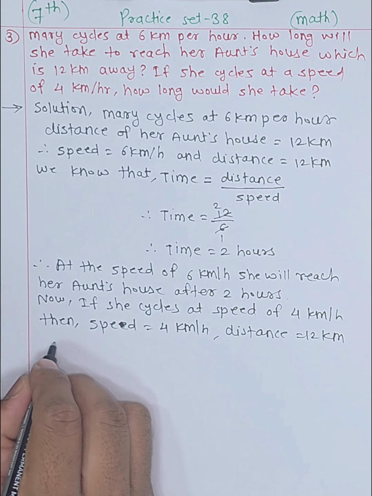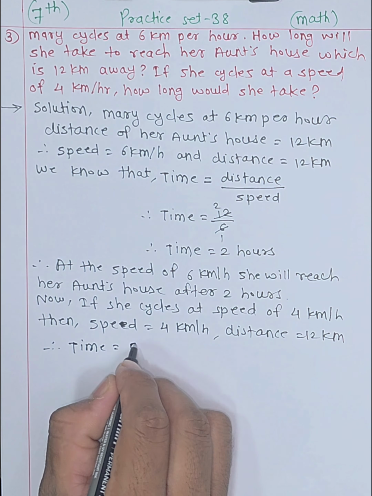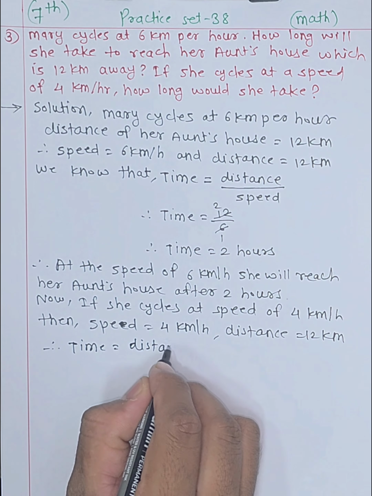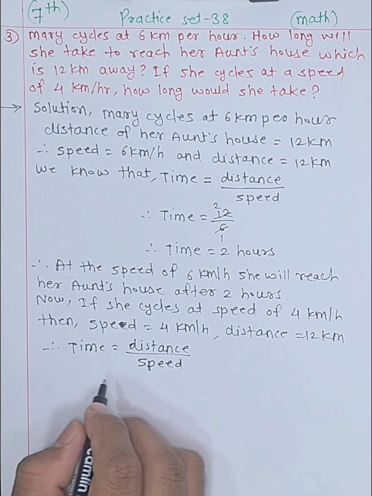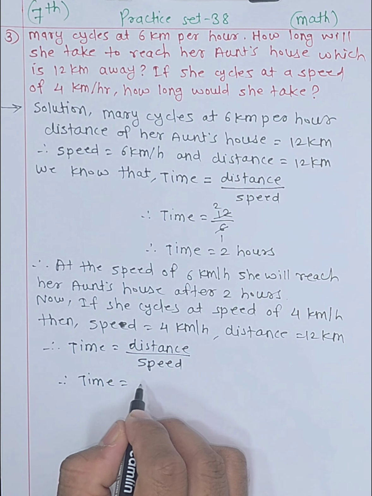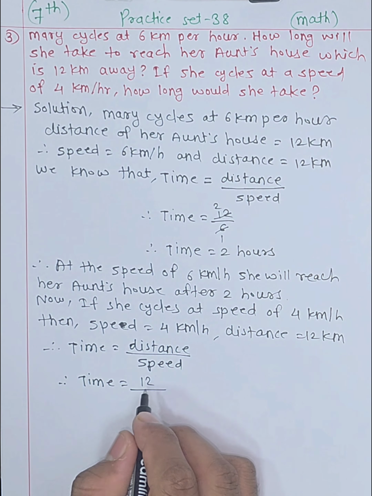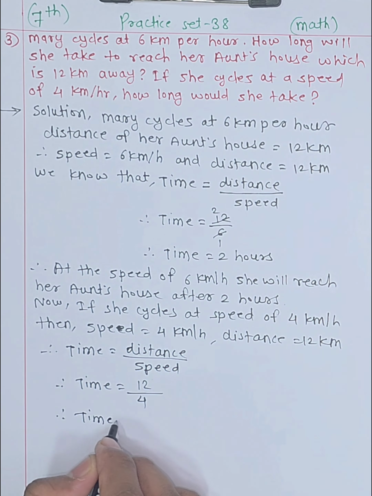Therefore, again time is equal to distance upon speed. Therefore, time is equal to 12 upon 4. Therefore, time is equal to 3 hours.